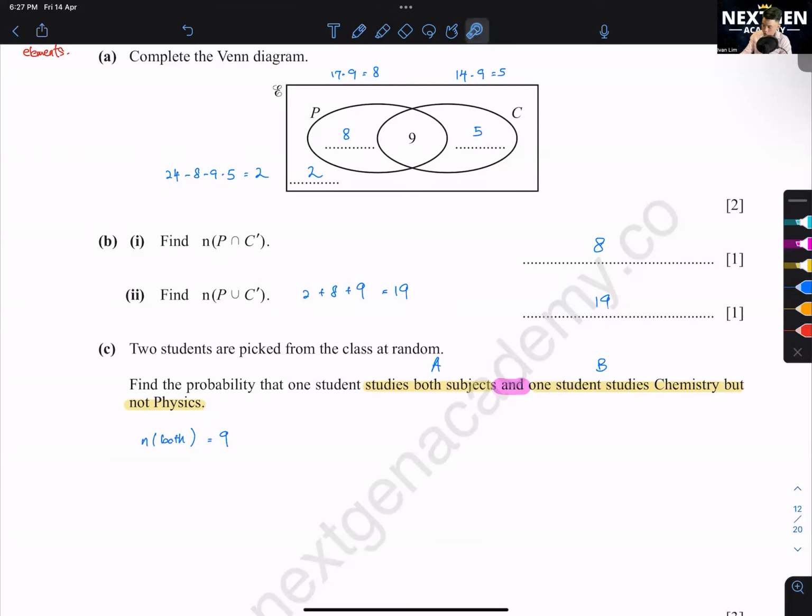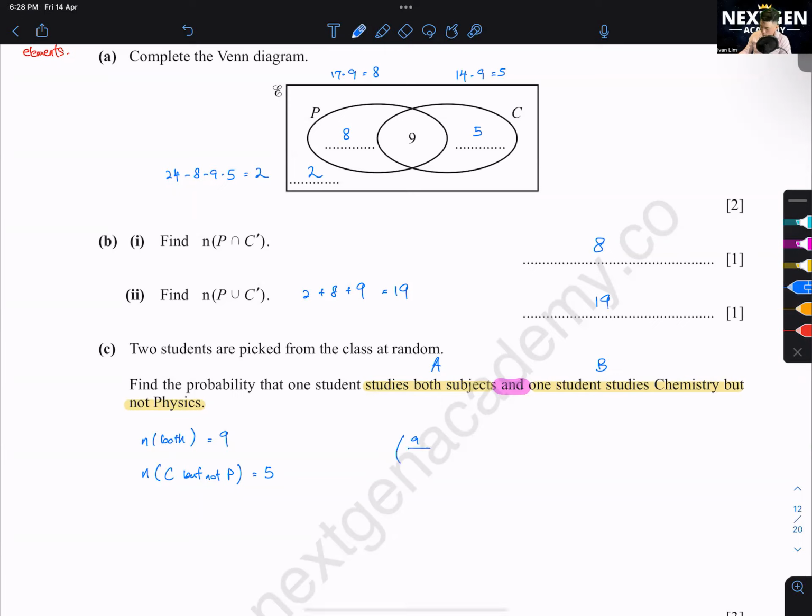Okay, chemistry but not physics will be here, equal to 5. So I'm going to choose from this group A first, then group B. But I need to consider the other way around also. And remember also, when I take out one of the students already, now the total group will minus 1 also. Okay, so this is how we do it.